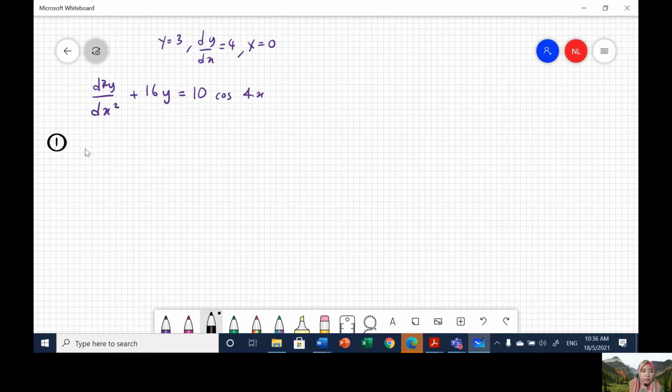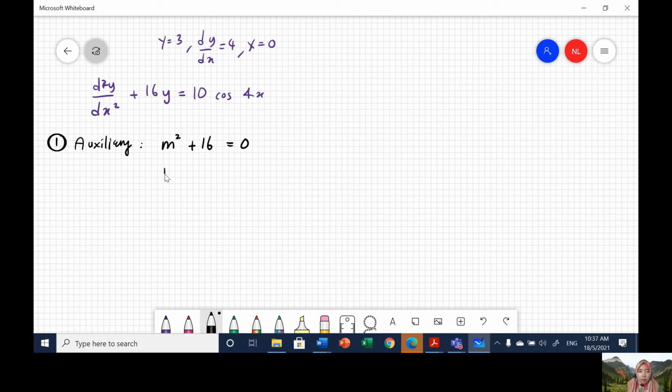So step number 1, find out the auxiliary equation. We have m squared plus 16 equals 0. Then when we refer to the calculator, we key in the quadratic: a is 1, b is 0, c is 16.